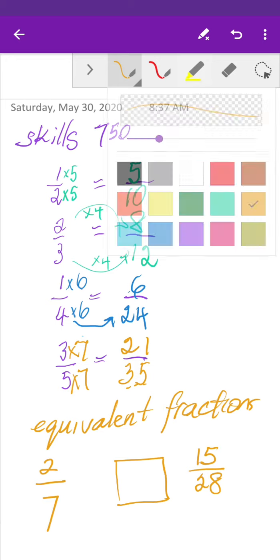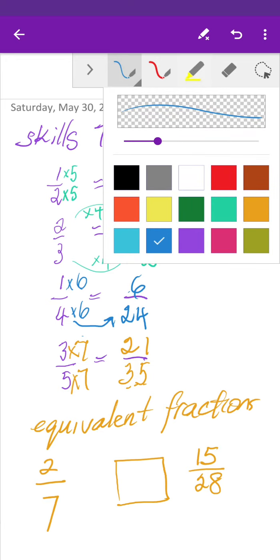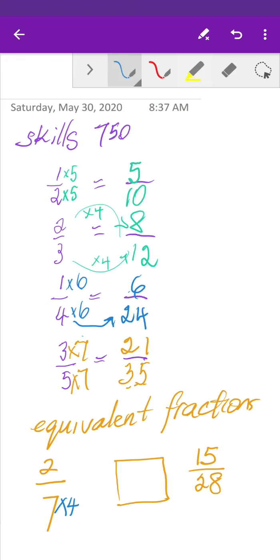And if you make 7 a 28, 7 times 4, you must multiply that by 4. So the equivalent fraction for 2/7 is 8/28. So 8/28 is less than 15/28. So equivalent fractions can be useful to help just determine which fraction is smaller and which fraction is bigger.